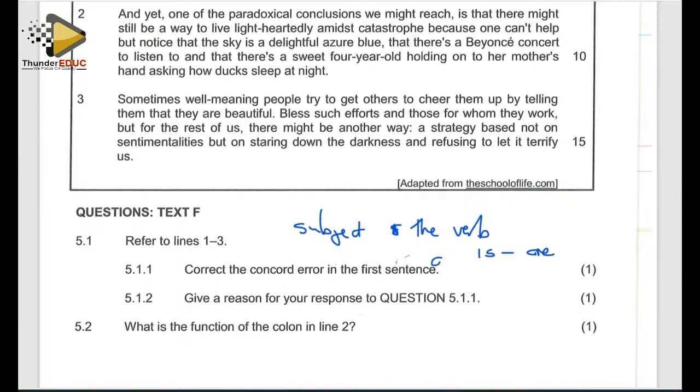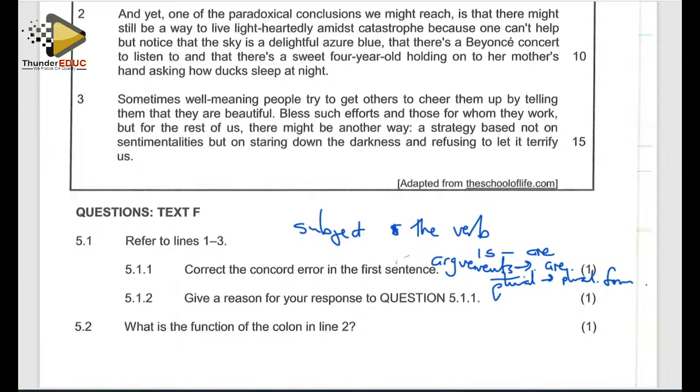Arguments is in the plural form, and therefore the verb must be plural as well. If you said argument, it must be is, but because the subject is in the plural form, the verb must be in the plural form as well.